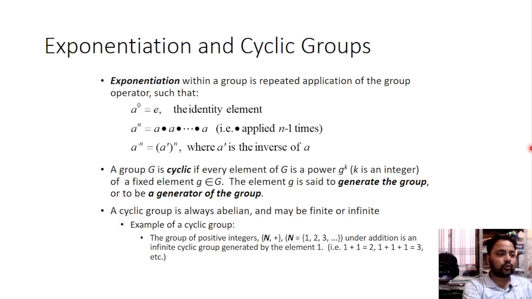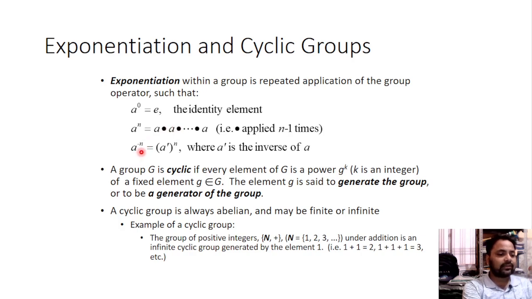And for the exponential and cyclic groups, exponentiation within a group is a repeated application of the group operator, such that A to the power 0 equals E, the identity element. A to the power n equals A dot A dot A dot up to A, where the dot is applied n minus 1 times, because for 2 A's there is a single dot, for 3 A's there will be 2 dots, so for n A's there will be n minus 1 dots.